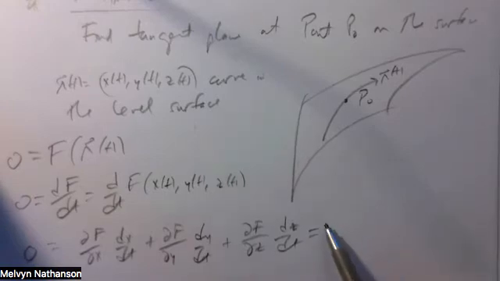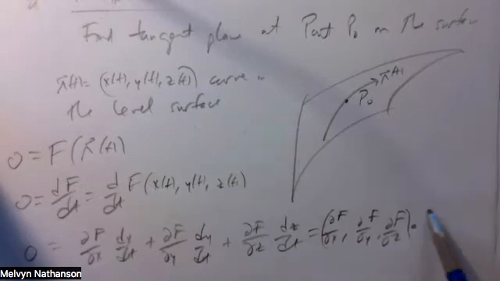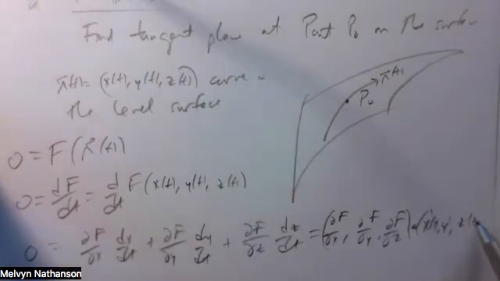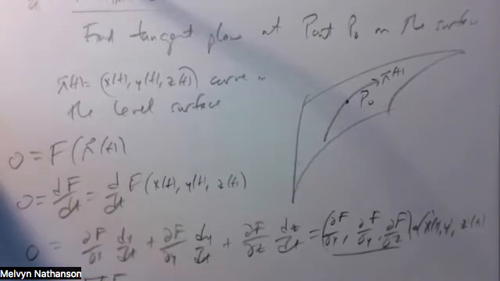But this is exactly the dot product of the vector (partial F with respect to x, partial F with respect to y, partial F with respect to z) with (x prime, y prime, z prime of t). This is the gradient of F, and this is the tangent vector r prime of t.